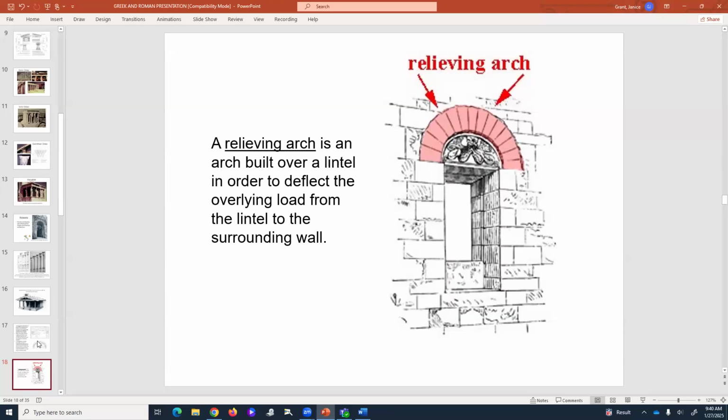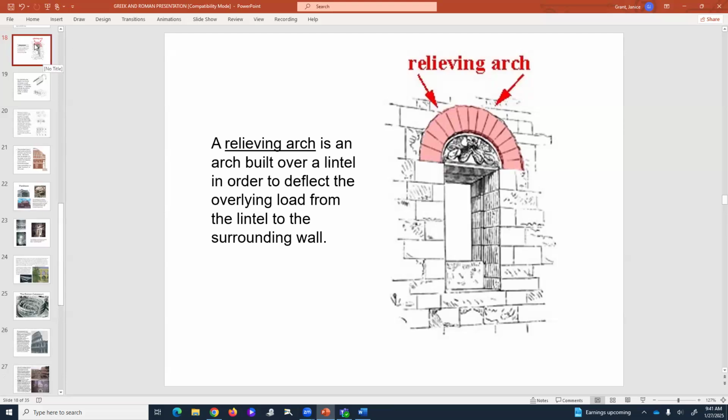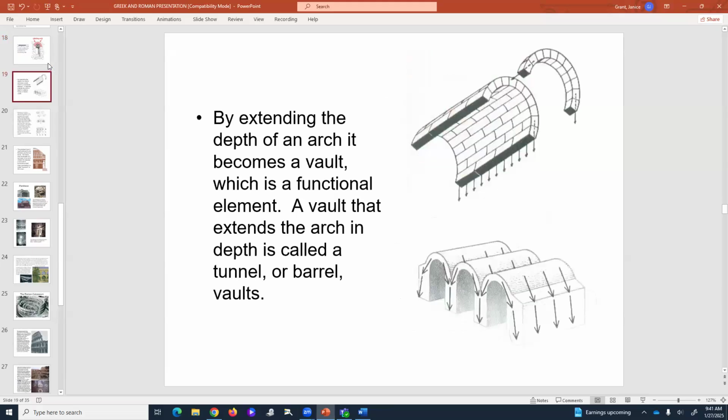Remember that main pharaoh's tomb had that triangular shape that deflected the loads. And now we are seeing that we're using these arches. A lot of times these arches were just covered over. They were more of a structural engineering idea than they were for the looks of it.